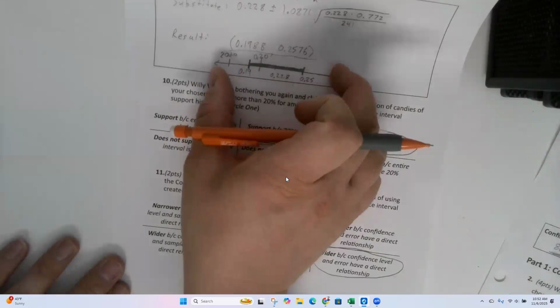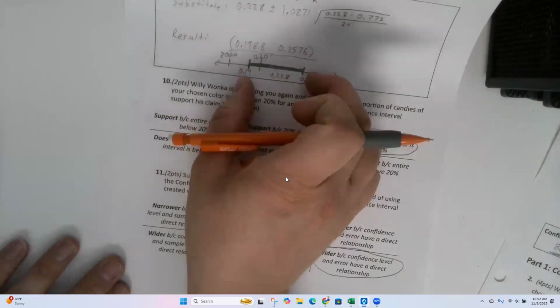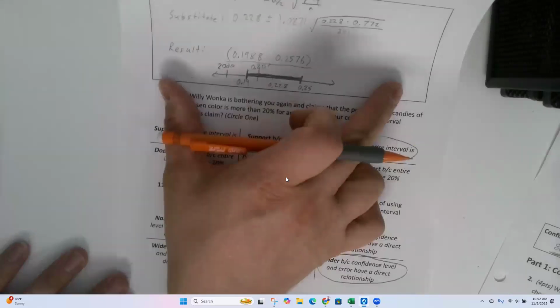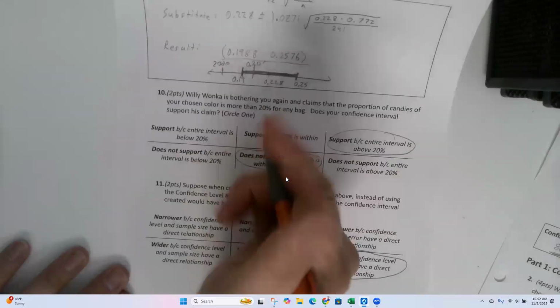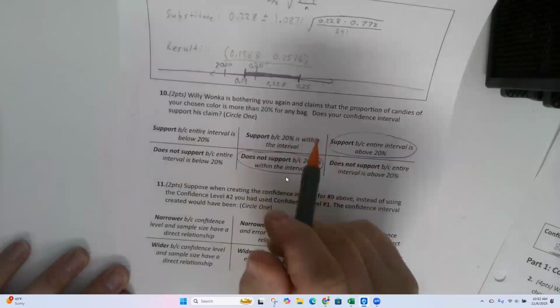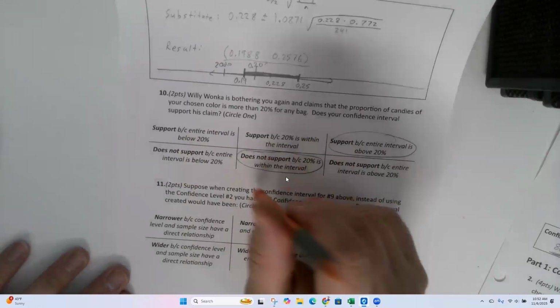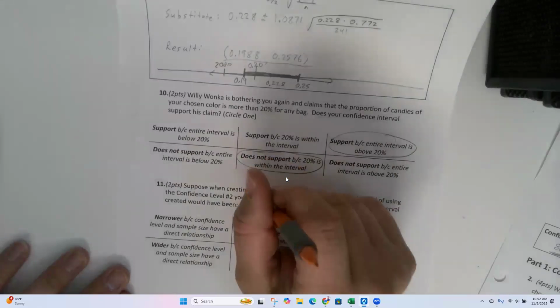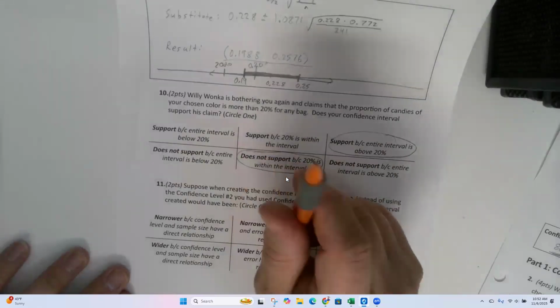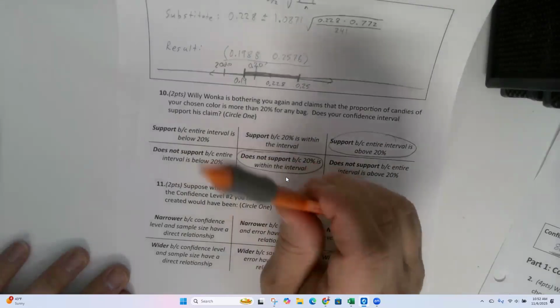Think about it like this. If I wanted to know with 100% accuracy what range my true proportion would be, I would have to look at everything. I'd have to look at the entire number line, because if I wanted to know it with 100% accuracy, I would have to check every single thing.